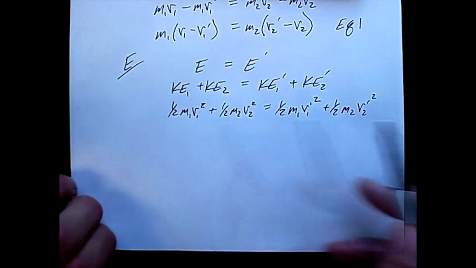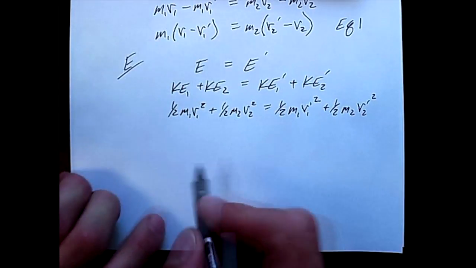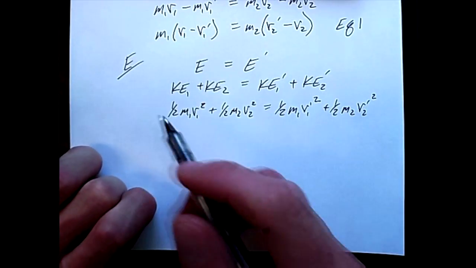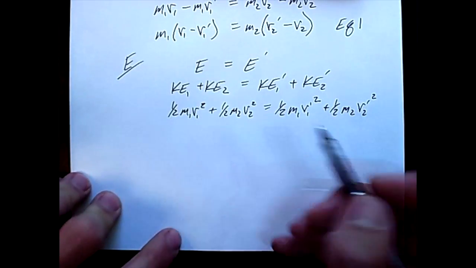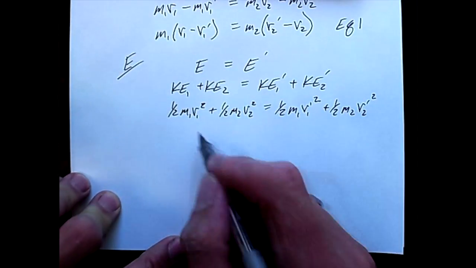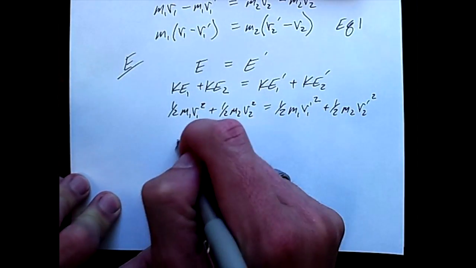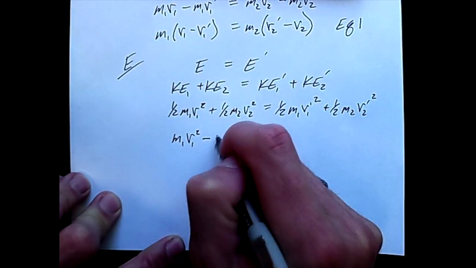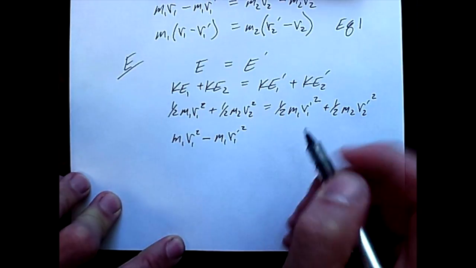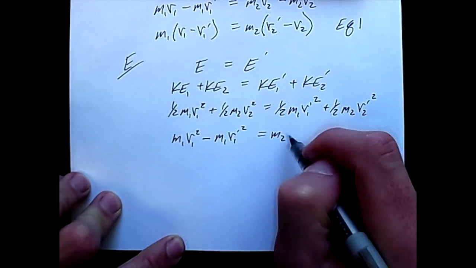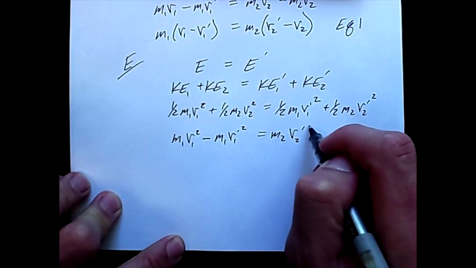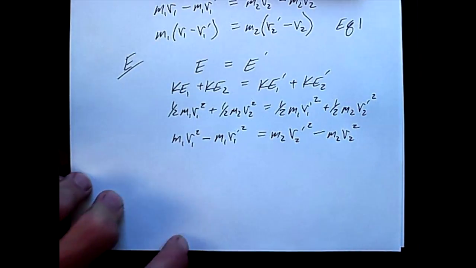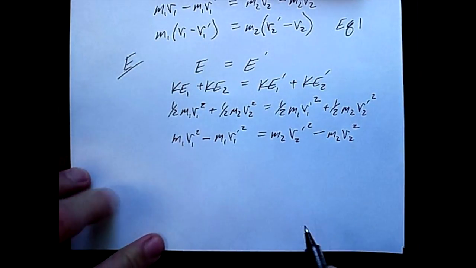Now again, the halves are common to all terms, so we can drop those out. And then we're going to do the same operation we did before, which is combining like objects as opposed to their before and afters. So if I subtract m1 v1 prime squared to this side and drop all the 1/2s, then I have m1 v1 squared minus m1 v1 prime squared equal to m2 v2 prime squared minus m2 v2 squared, which is a similar operation to what we did in the momentum.